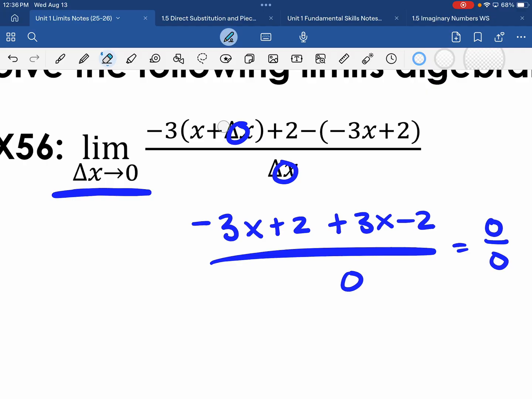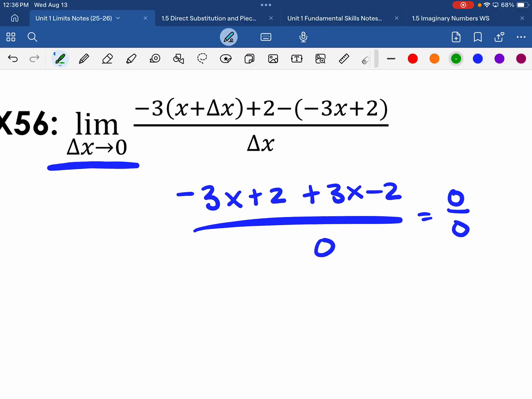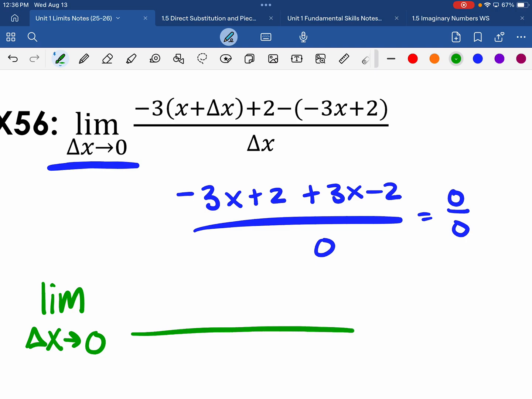All right, so since I got the indeterminate form, I'm going to distribute everything and see if stuff will cancel. So on top, I'm going to distribute negative 3 times x, which is going to be negative 3x. Negative 3 times delta x, which is negative 3 delta x. Is that okay so far?